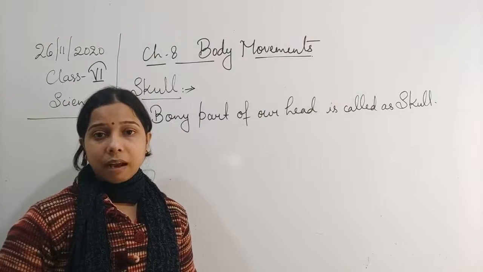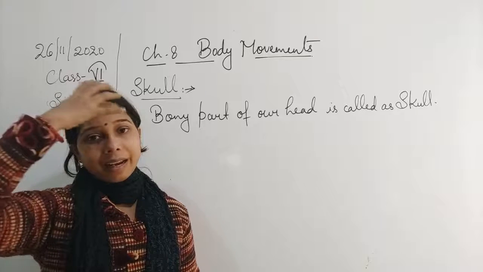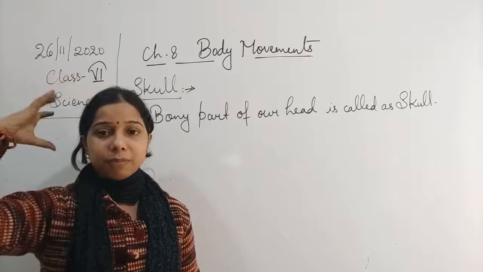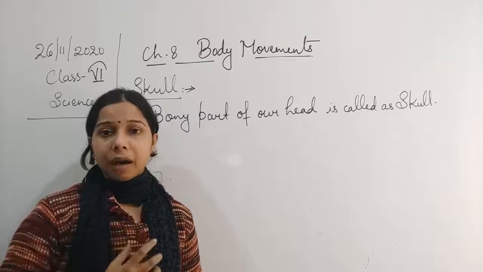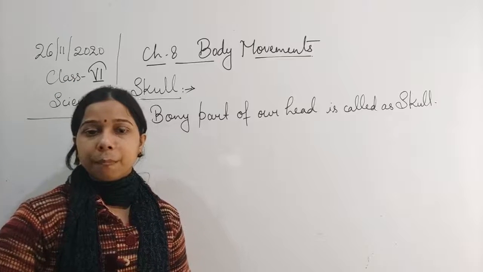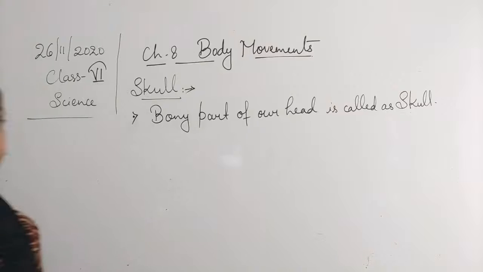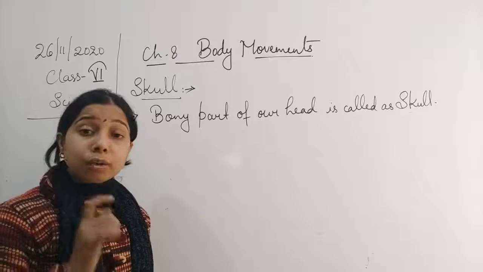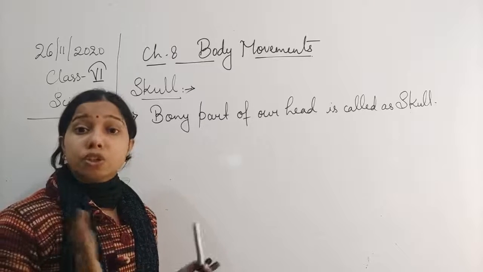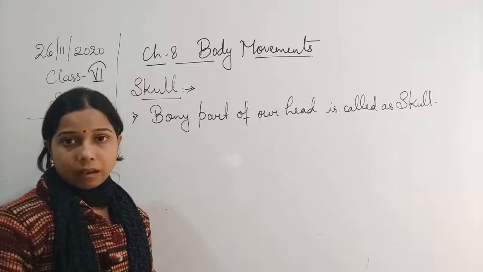You can see here, students, our head is covered with a bone. Our brain is covered with a bone, and that bony part is known as a skull. Basically it is made up of 22 bony pallets, and these 22 bony pallets join together to form the skull.